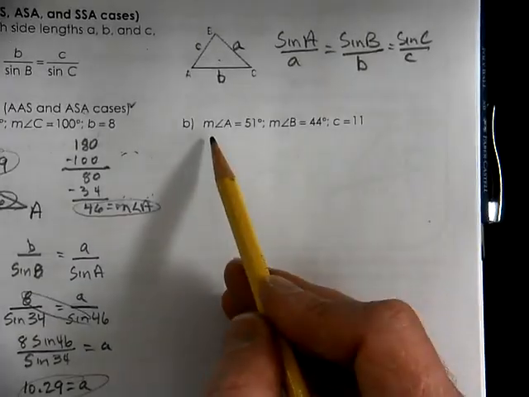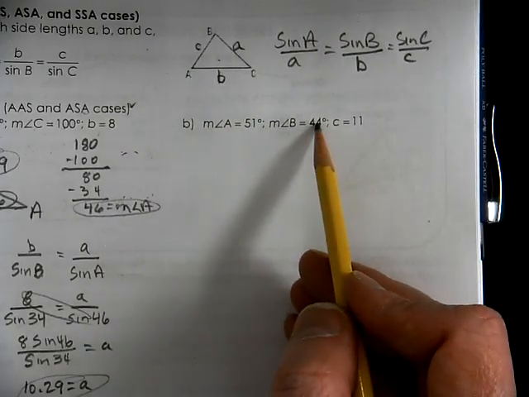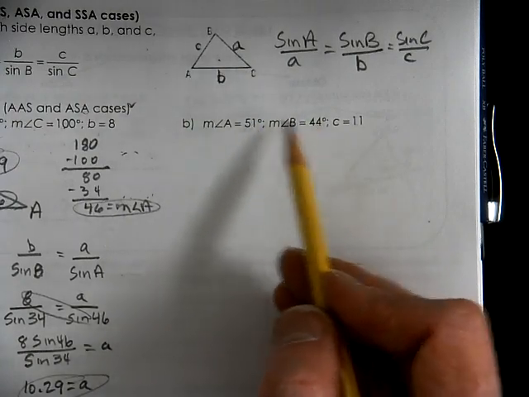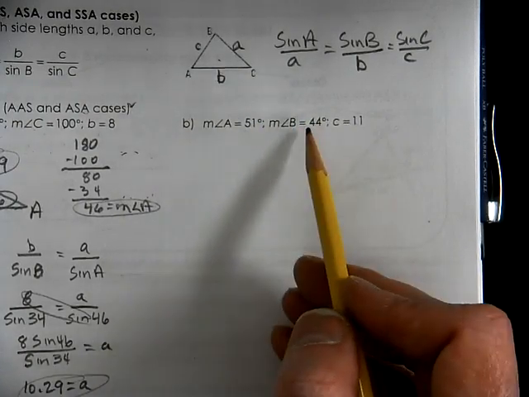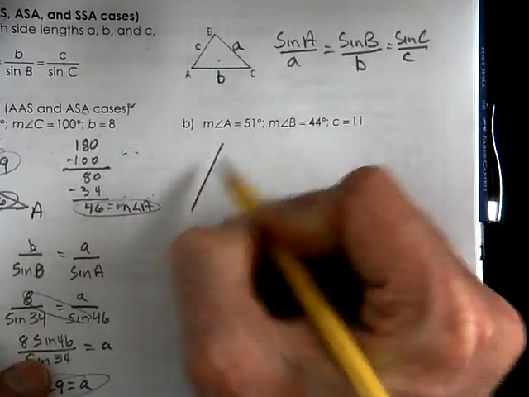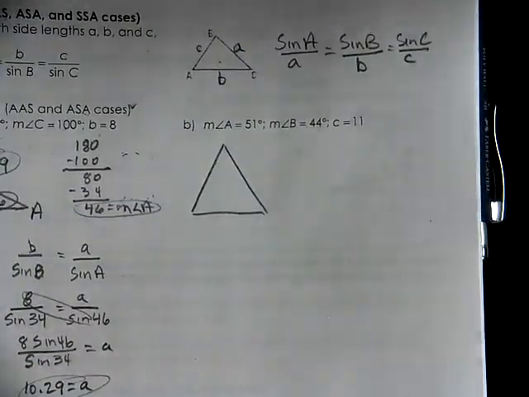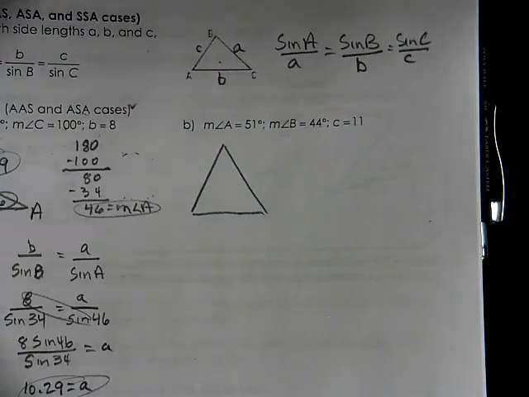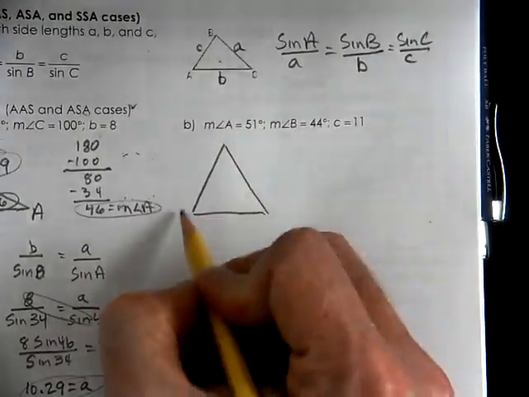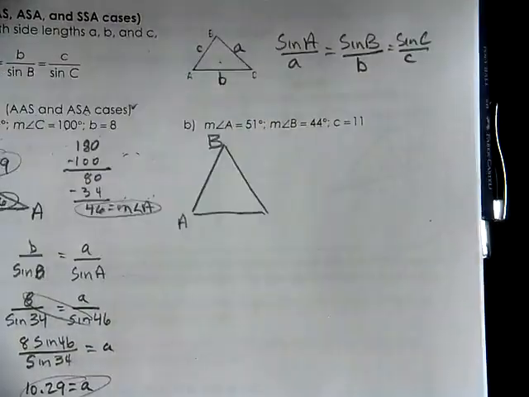So over here, we have the measure of angle A, the measure of angle B. I notice that the 2 angles themselves are adding up to be greater than 90, so I know the third one has to be less than 90 also. So I'm going to have an acute triangle. Doesn't really matter how you draw your acute triangle. I can label these in pretty much any order I want.